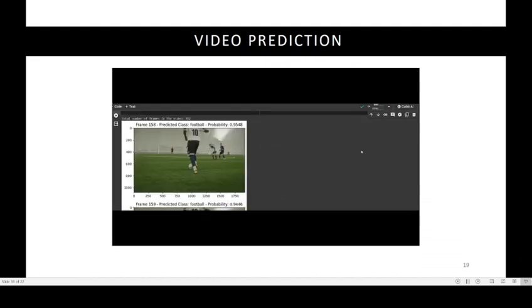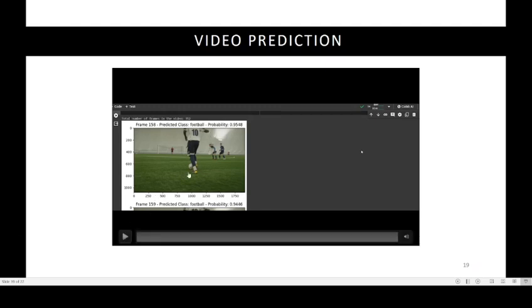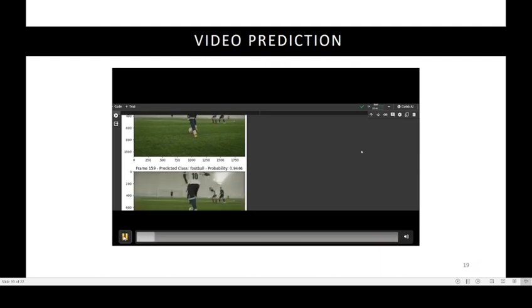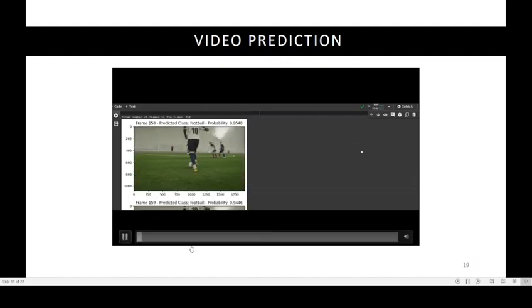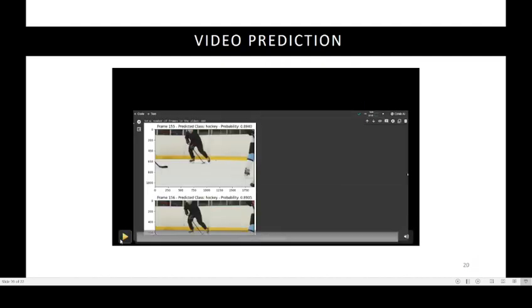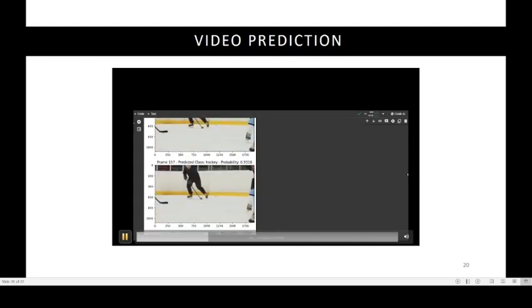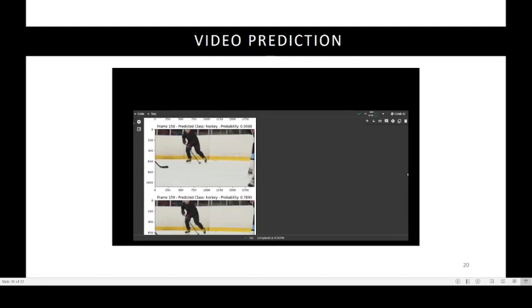Moving to the next slide, this is frame 158, predicted class football with probability of 95.48%. Predicted class hockey, probability 97%.